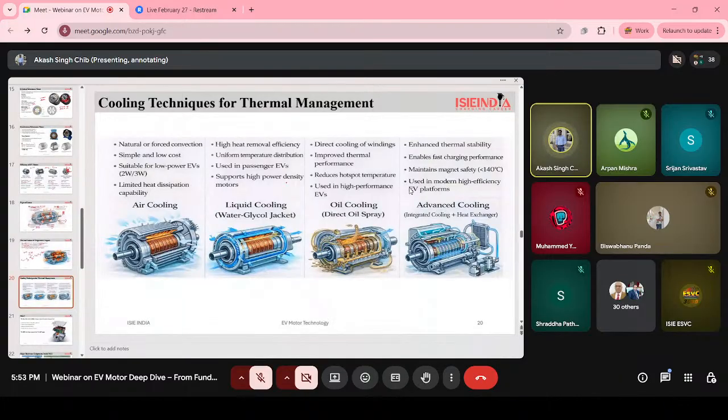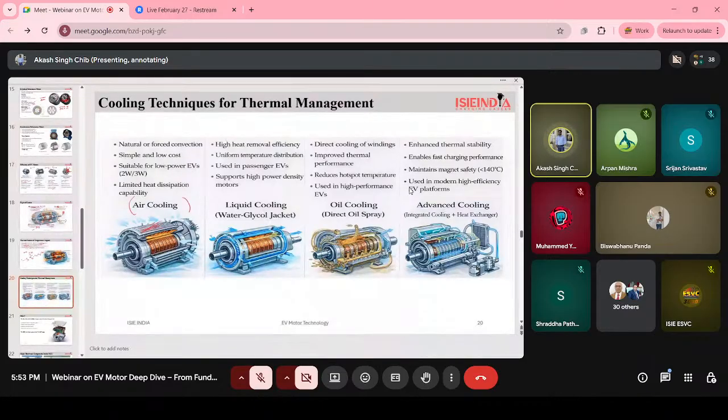Now you can see which cooling techniques we use for thermal management in the motors. First one is air cooling. I have discussed the fins. These are the fins.